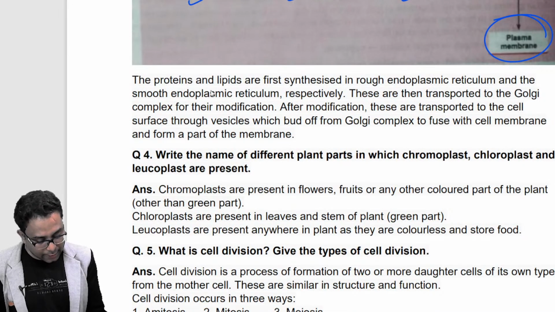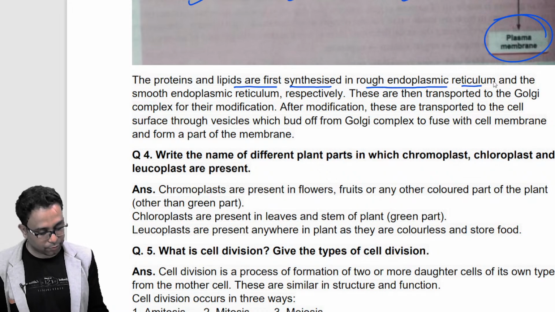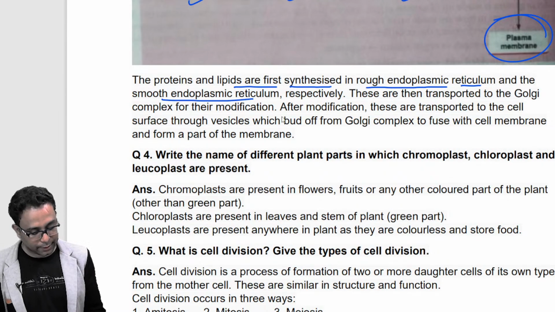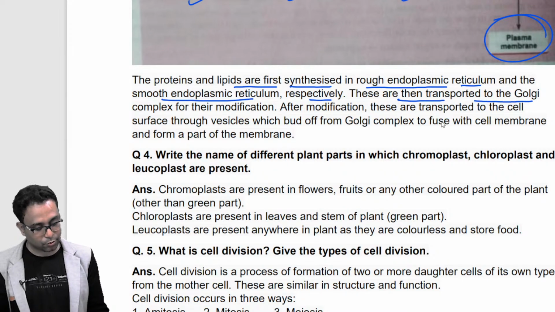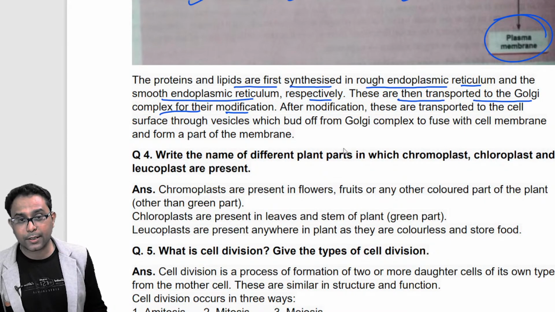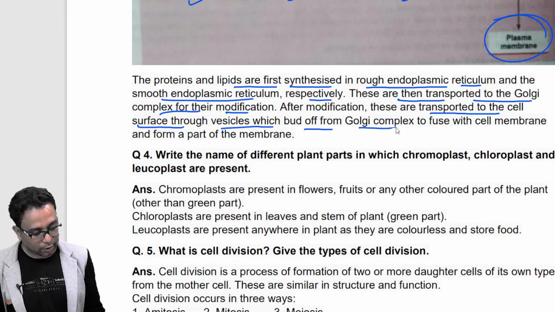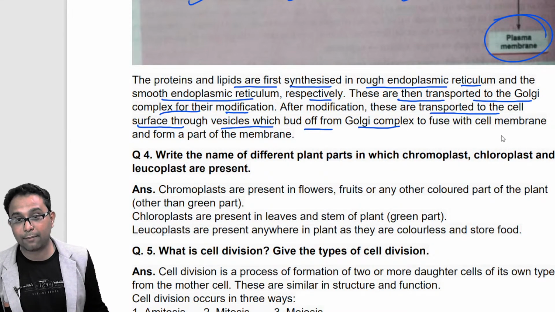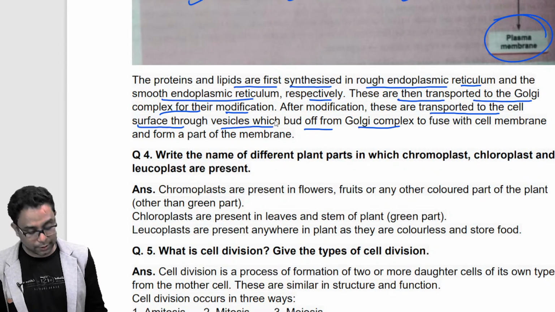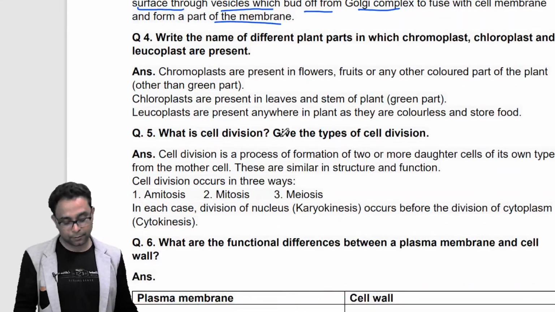The proteins and the lipids are first synthesized in the rough endoplasmic reticulum and the smooth endoplasmic reticulum respectively. These are then transported to the Golgi complex for modification. After modification, they are transported to the cell surface through vesicles which bud off from the Golgi complex, fuse with the cell membrane, and a part of the new membrane is formed. This is called membrane biogenesis.